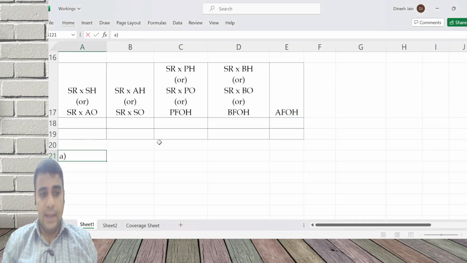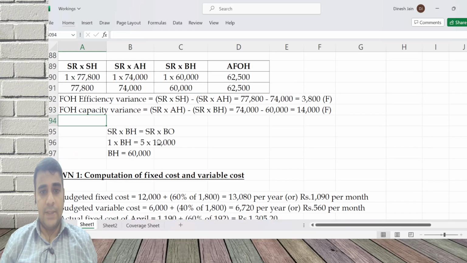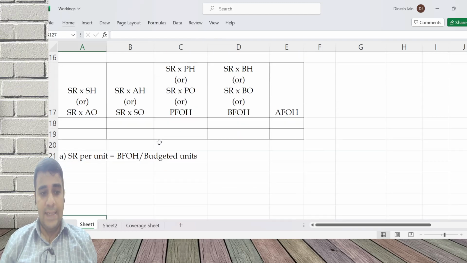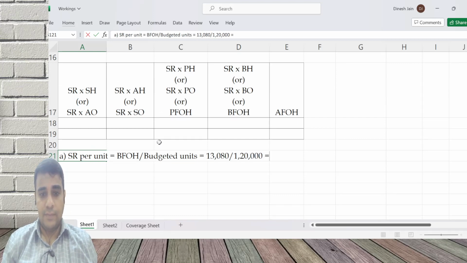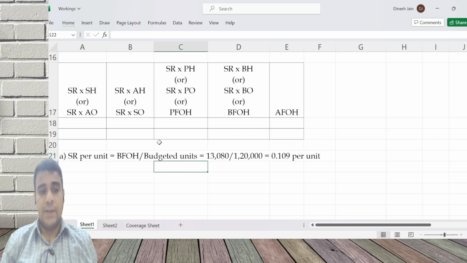So point number A, SR per unit is equal to budgeted fixed overheads by budgeted units, 13,080 by 1,20,000, which is 0.109 per unit. Then 0.109 into 8,000.